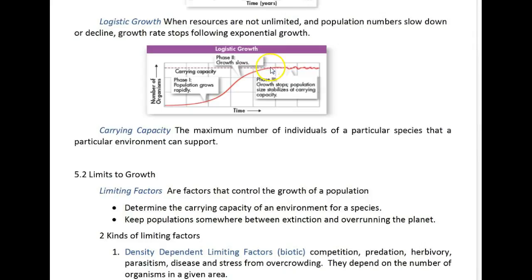Then resources become limited and the population growth slows down. It either levels off like we see here, or it takes a drop, builds back up, levels off a little bit, and continues this pattern, making an S-shaped curve. That is a logistic growth curve, and that's how we can tell if it's an S shape. We know that it's logistic.